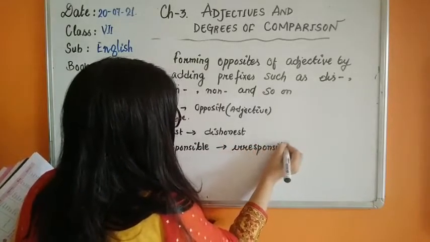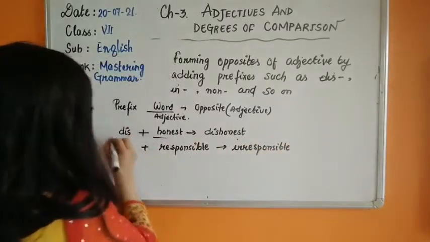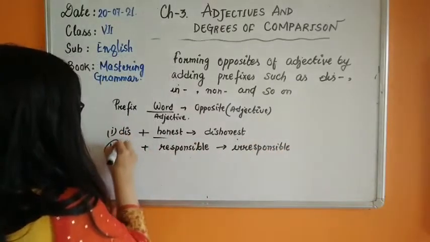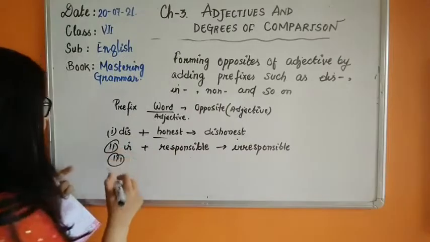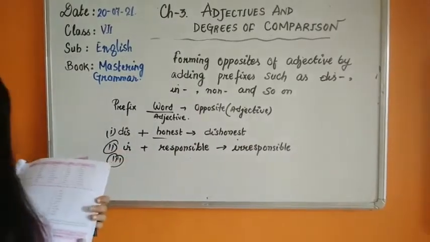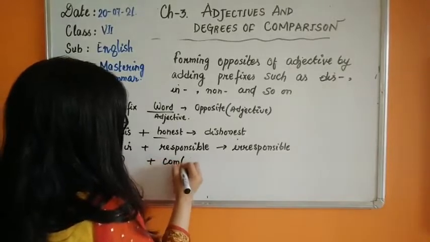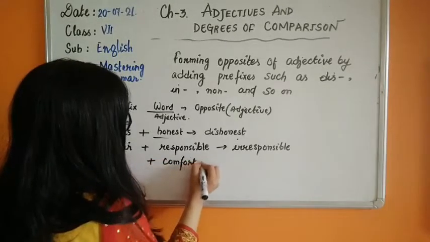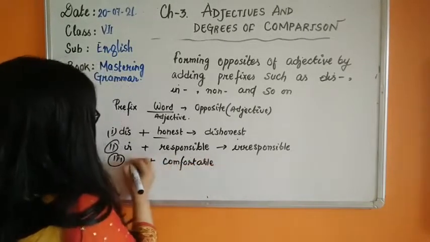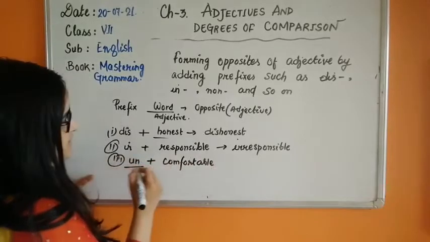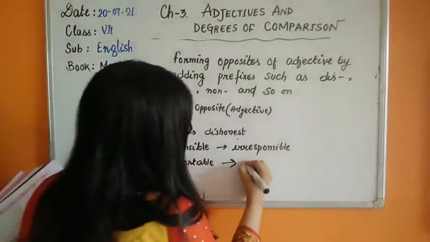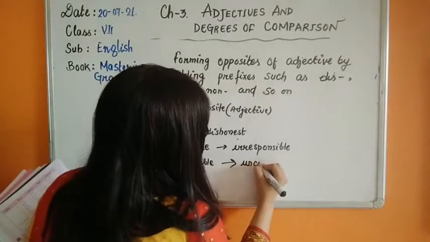Now, this was 1, 2, 3. I'm just giving it a number. Then we have un. When the word is comfortable and the prefix un is added, it becomes the opposite of the same adjective, uncomfortable.